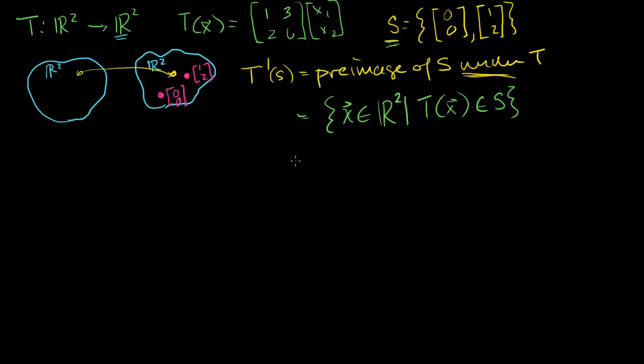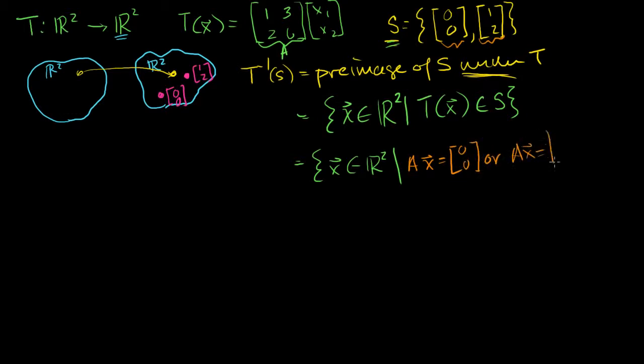We're looking for all of the x's in our domain such that, calling this matrix A, A times x is a member of S. So A times x has to be equal to the 0 vector, or A times x has to be equal to the vector 1, 2.